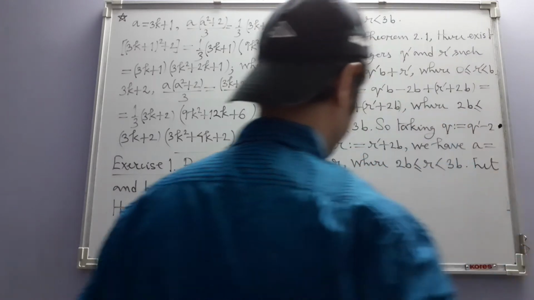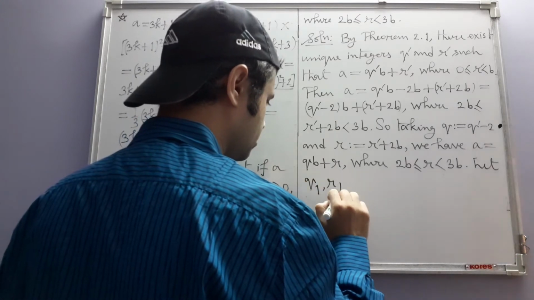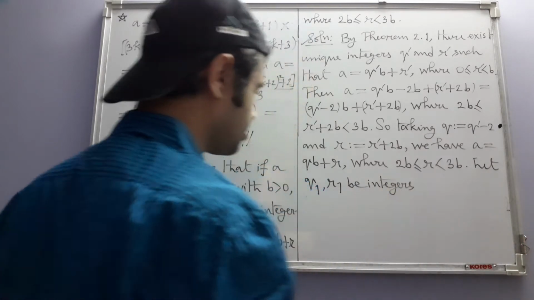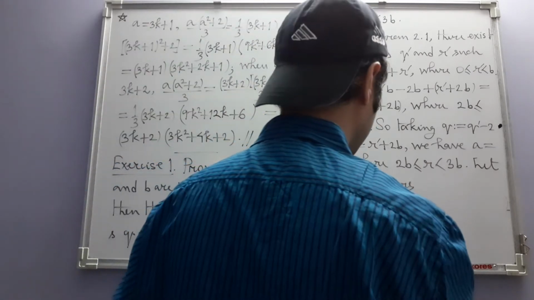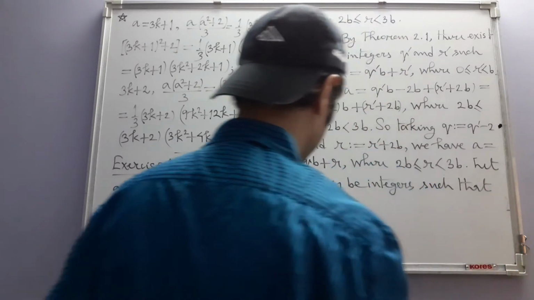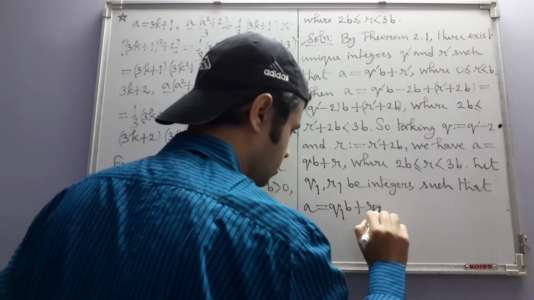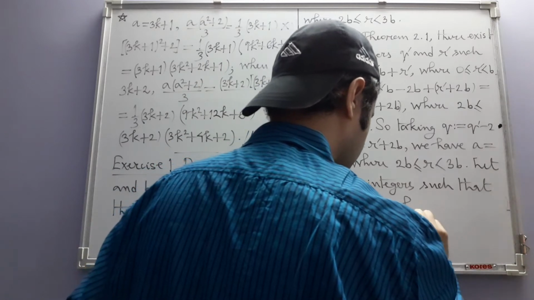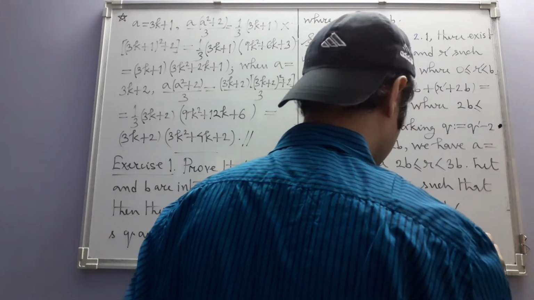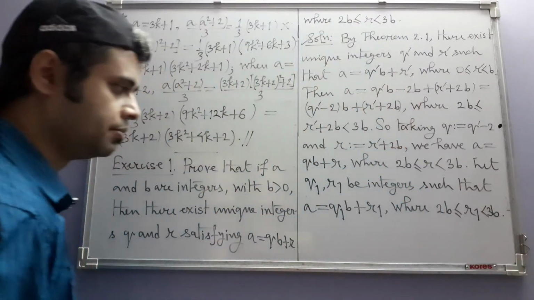Let q1 and r1 be integers that also are like q and r respectively, in this sense, integers such that a is equal to q1b plus r1, where 2b is less than or equal to r1 and r1 is less than 3b.